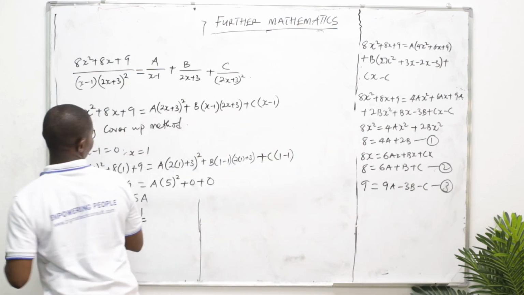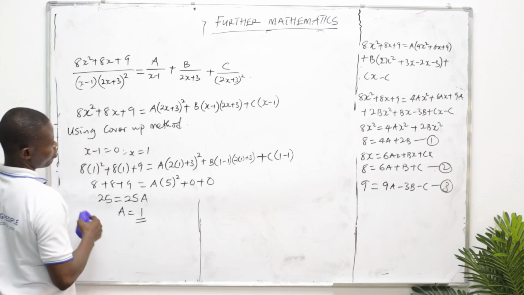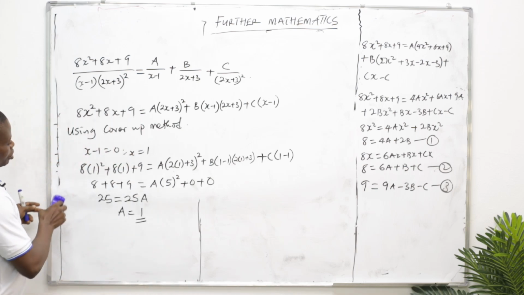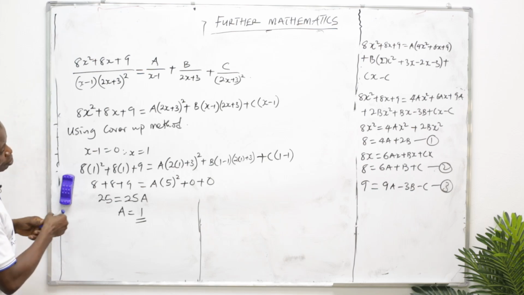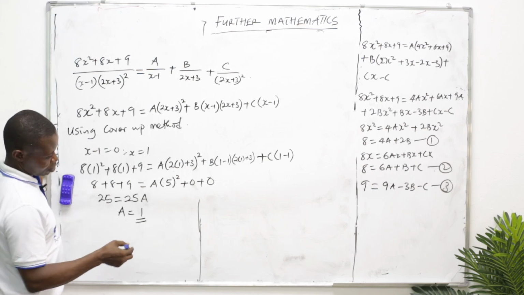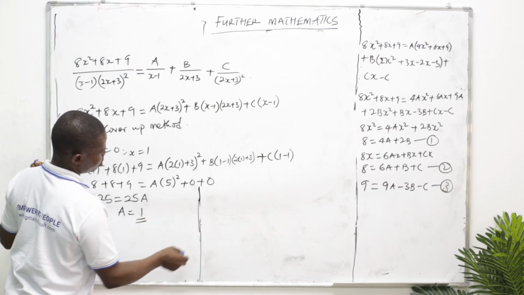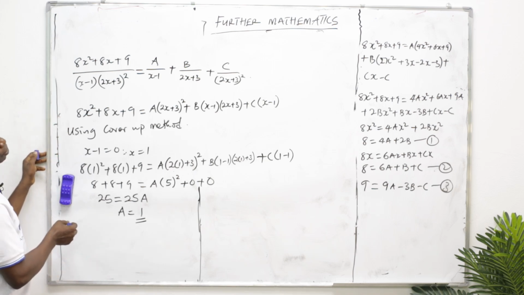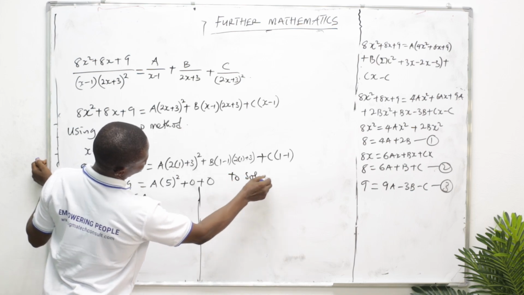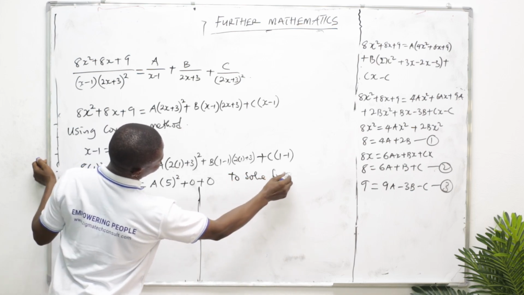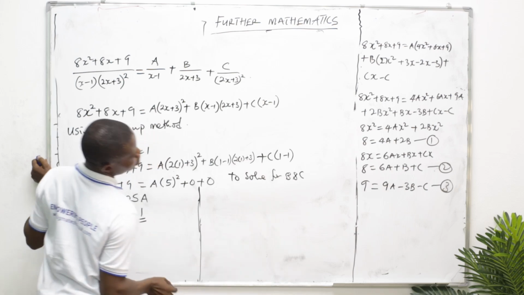Recall that a is 1. We have gotten a to be 1. So we need to solve for b and c.